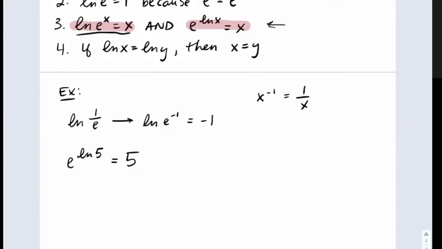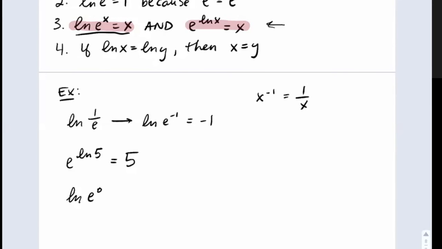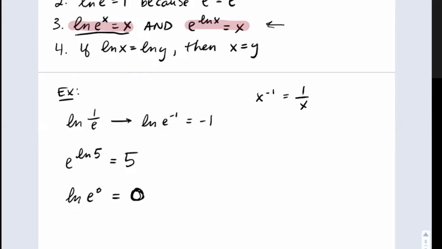If I had another one that said ln e to the 0, what would that be? Clearly, if you were paying attention to our first example, if I take the natural log of e raised to any power, that just gives me whatever the power is. So here that's going to be 0. And then one more here is 2 ln of e.